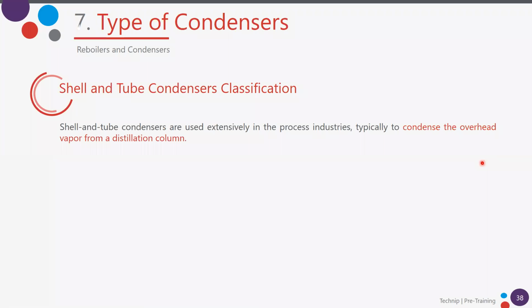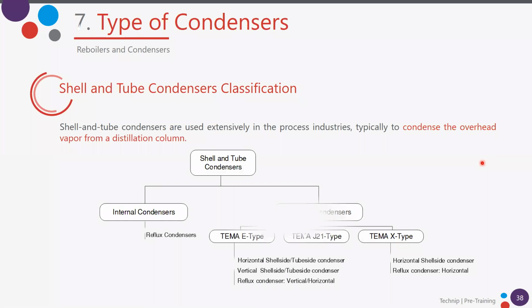Right now, we will go through the shell and tube condensers. As we saw in the first classification, we have internal condensers and external condensers, and they are extensively used in the process industries, typically to condense the overhead vapor from a distillation column.